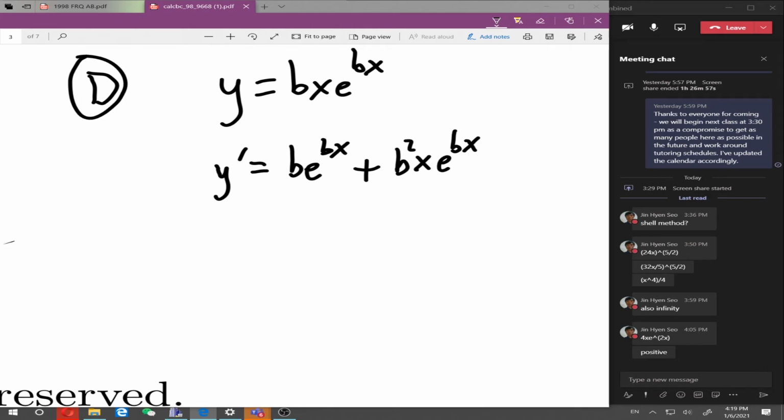So jumping back to Kyle again, actually jumping to Jin, because I think we can type this part. Jin, is there anything that is in common that we could factor out of the right side?